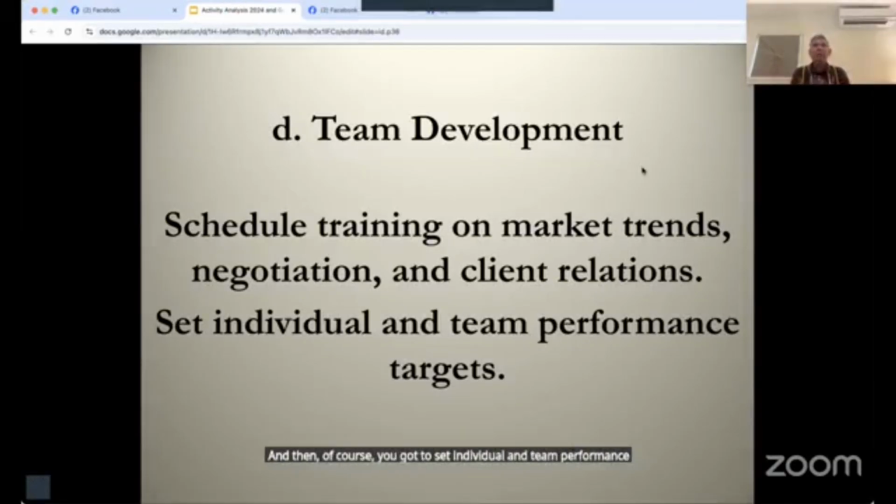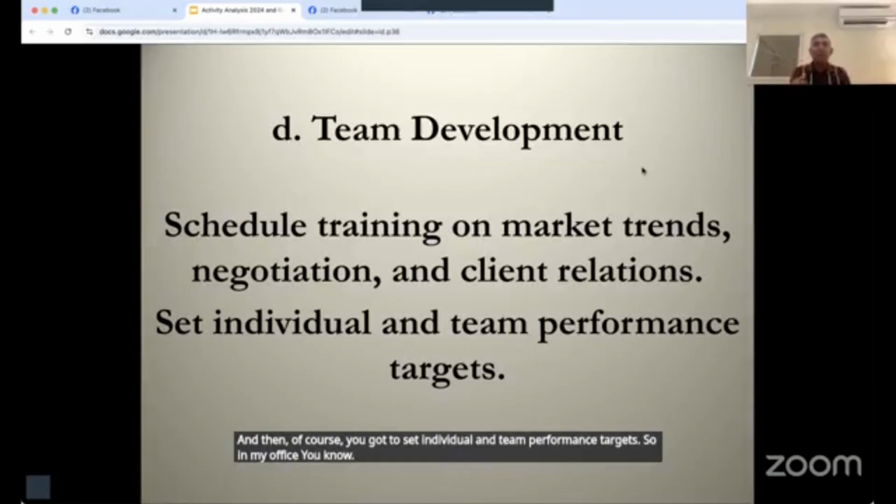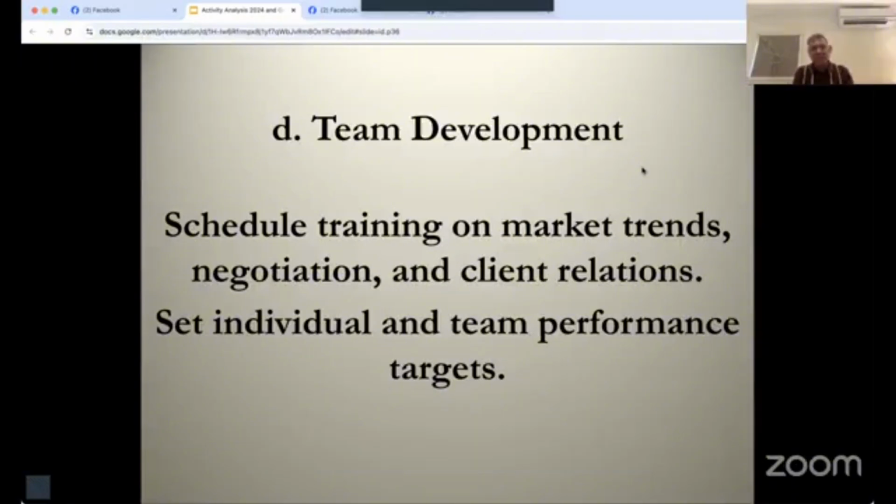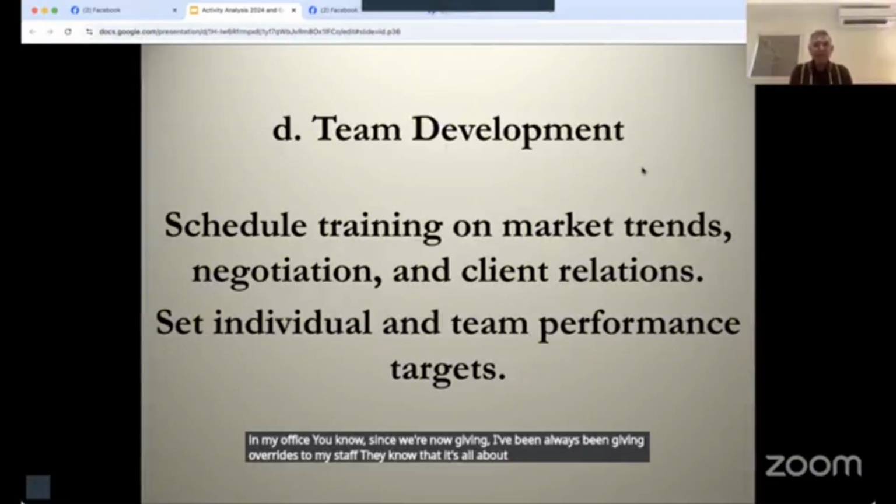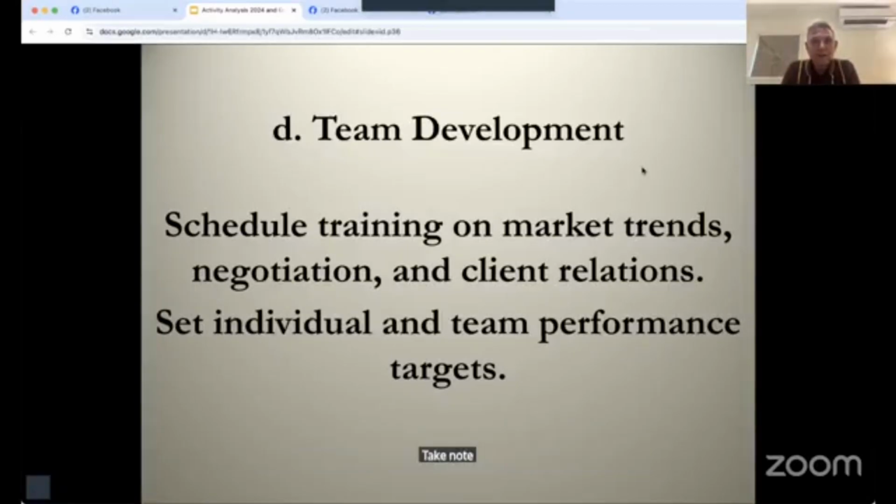So in my office, I've always been giving overrides to my staff. They know that it's all about getting results. Take note, when I hire staff, I hire people with zero knowledge. Why?